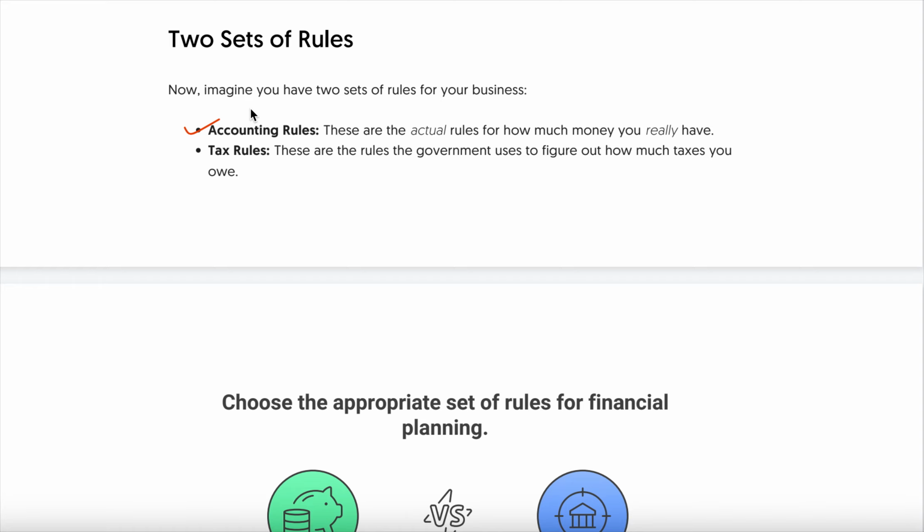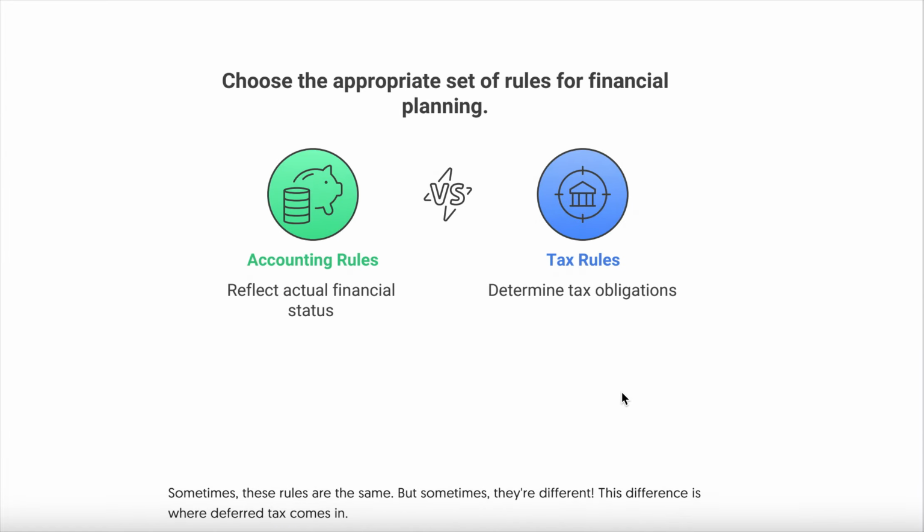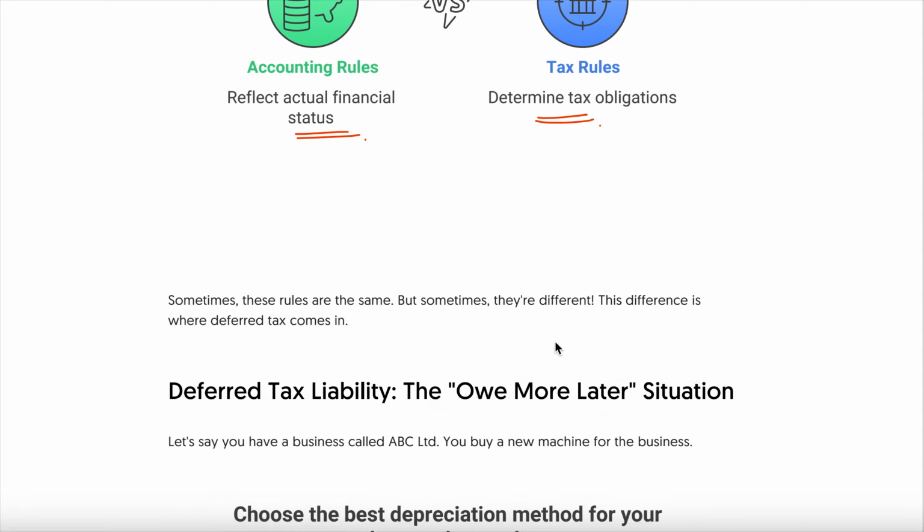These are the actual rules for how much money you really have. Then you've got the tax rules. These are the rules the government uses to figure out how much taxes you owe. As you can see in here, accounting rules reflect in your financial statements, and the tax rules determine your tax obligations which you have to pay to the government.